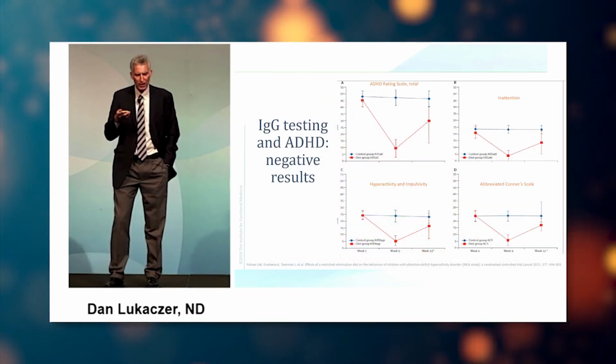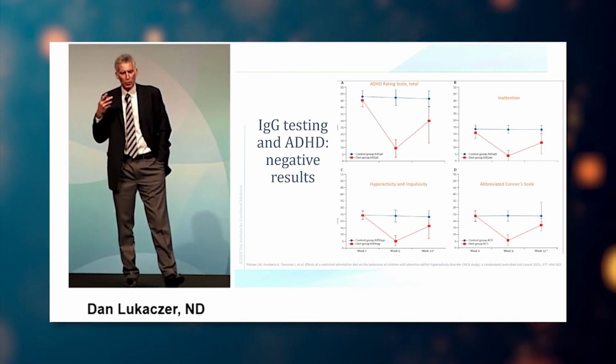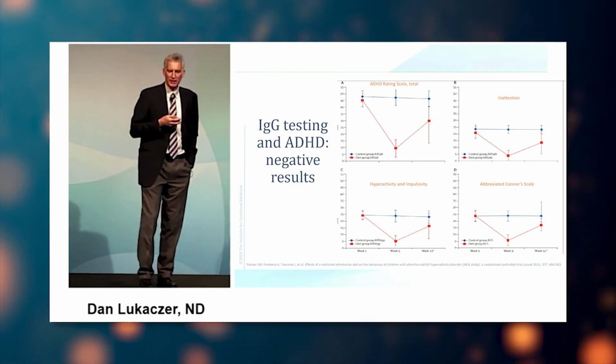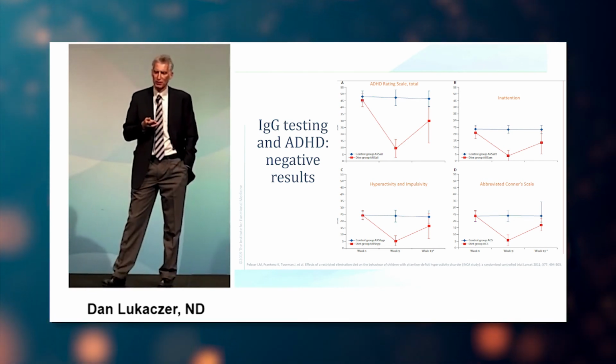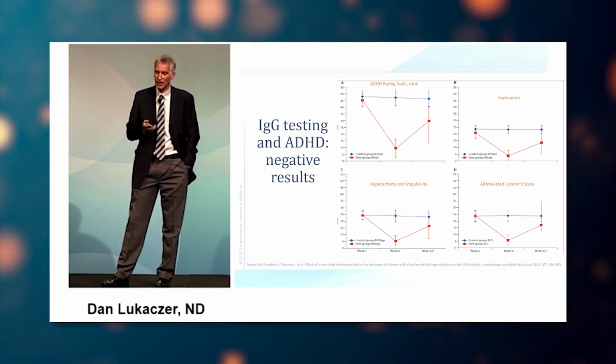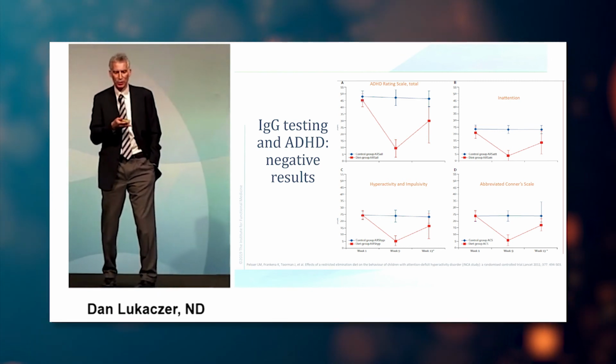Now, there have been other studies. There's been a negative study. This one was published a few years ago and was well publicized: IgG and ADHD in kids, and it was negative.